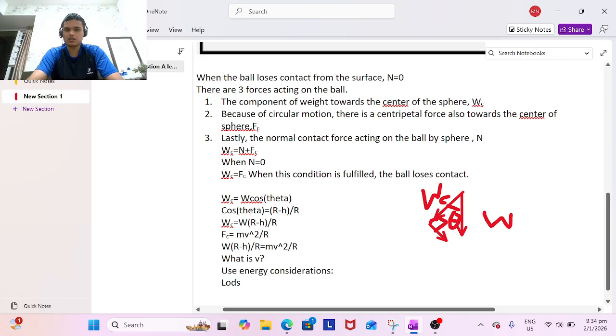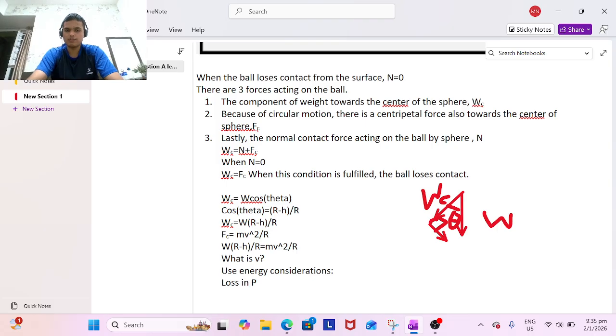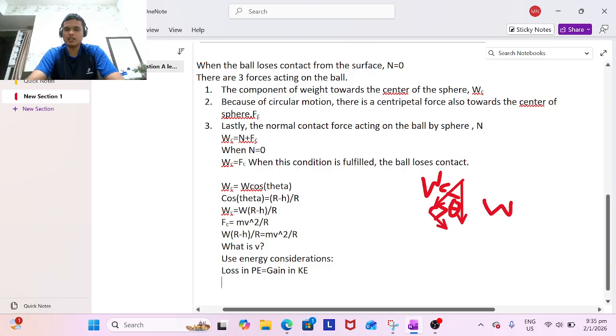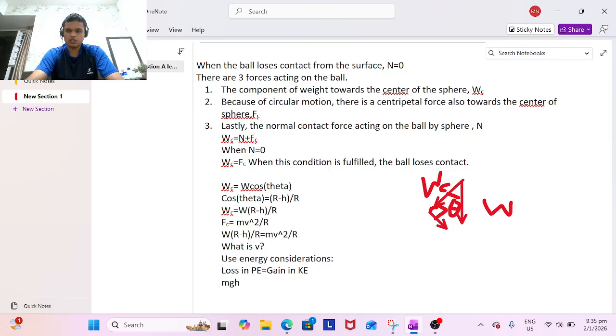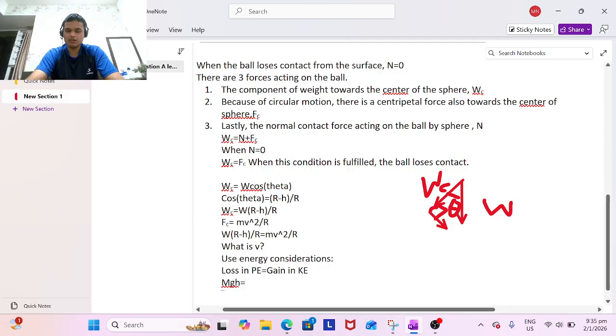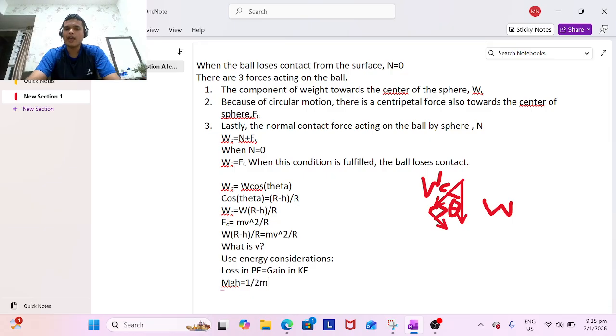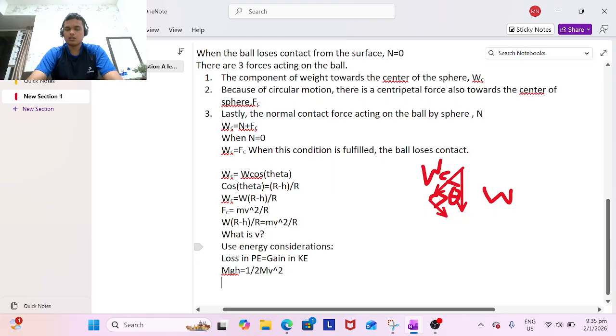Basically, loss in PE equals gain in KE, kinetic energy. Loss in PE is basically mgh, which is equal to the gain in KE, which is half mv squared. So we cancel out the m and make v the subject.